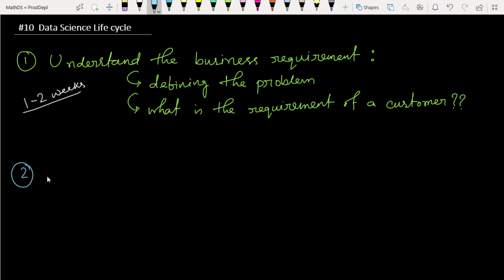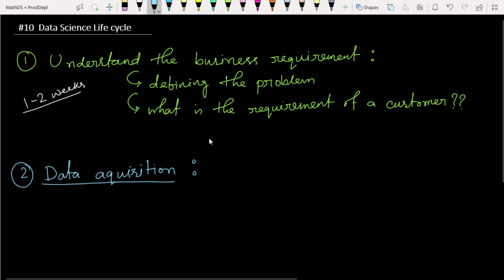So we need the data acquisition step. To acquire the data, when we discuss real world case studies and languages like Python and MySQL, we will see how to acquire the data.